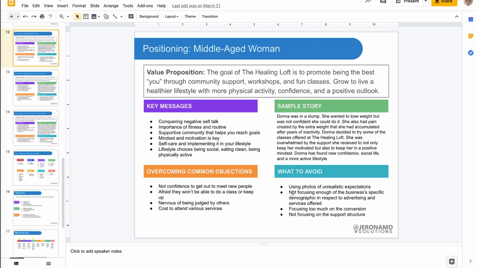If we're looking at a middle-aged woman that is just looking to build strength and confidence, then using unrealistic photos of models that are super thin and you can tell they've been working at fitness for a long time, that might be something that you'd want to avoid. Also, not focusing enough on the business's specific demographic in respect to the advertising and services offered, and focusing too much on the conversion and not focusing on the supportive structure that they get.